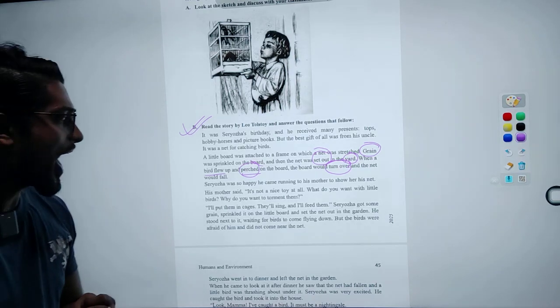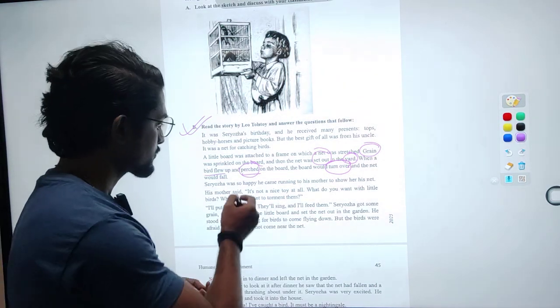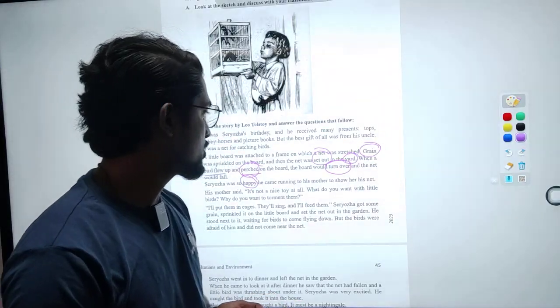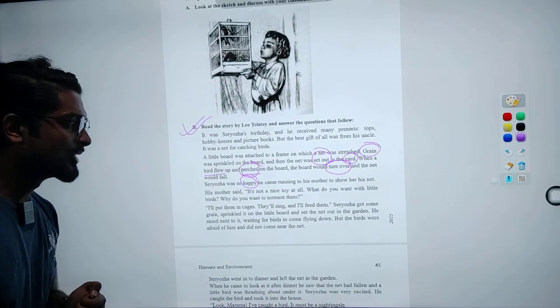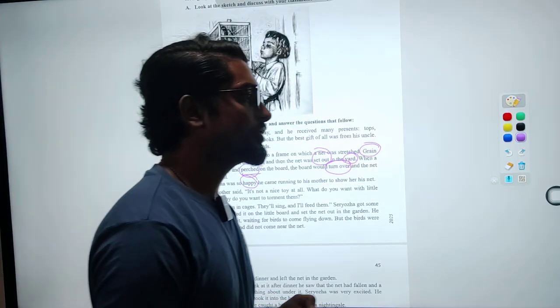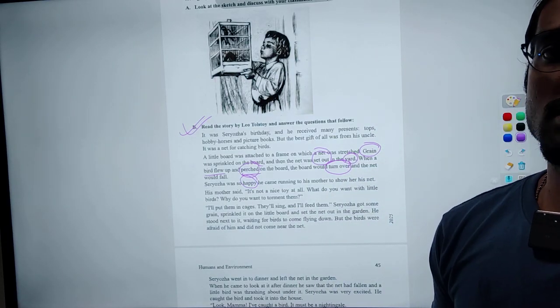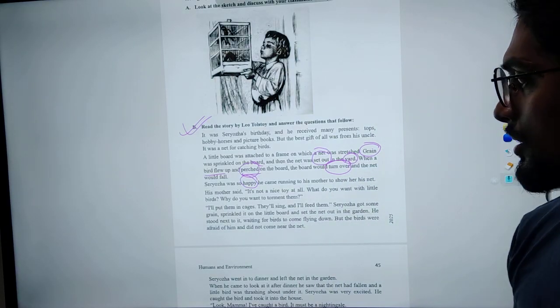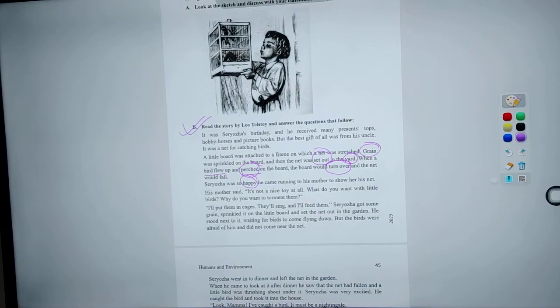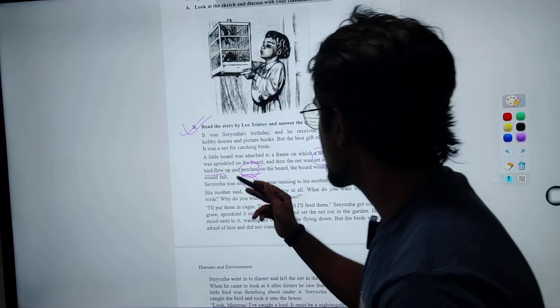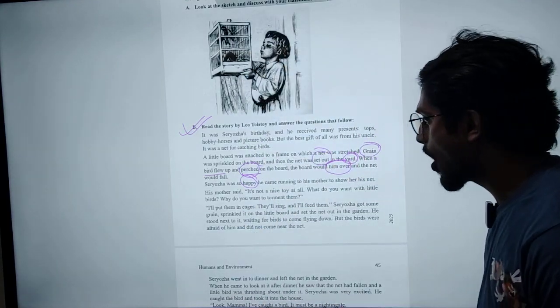Shiraja was so happy. We already discussed the synonyms of happy. He came running to his mother and showed her his net. So Shiraja was really happy to show his mother how the bird falls in a trap. Okay. So his mom said, it's not a nice toy at all.